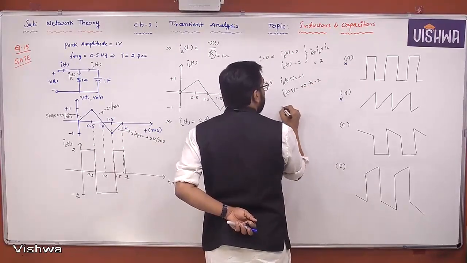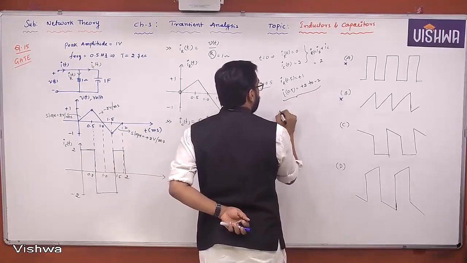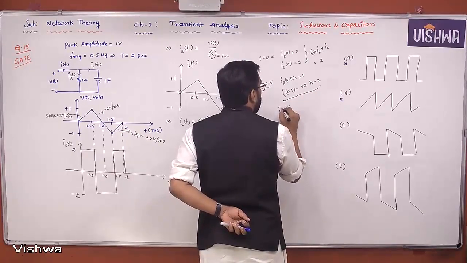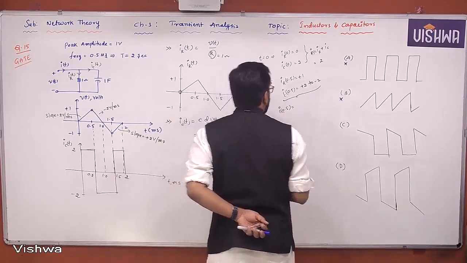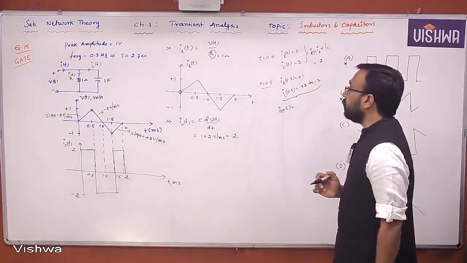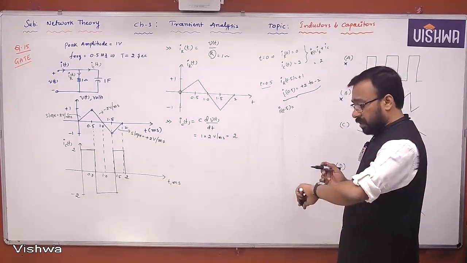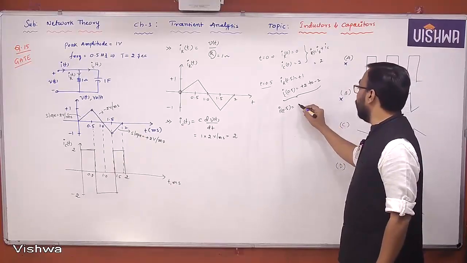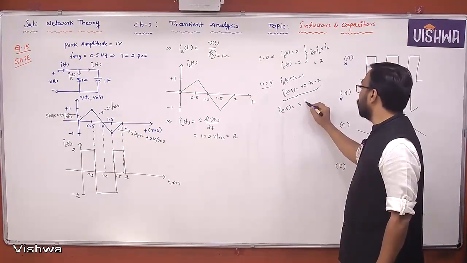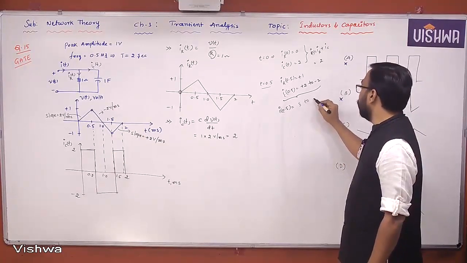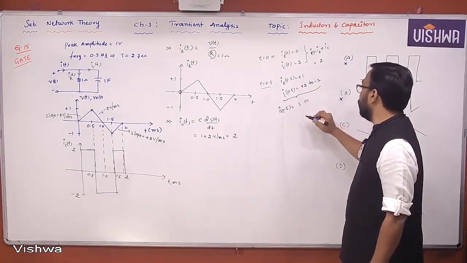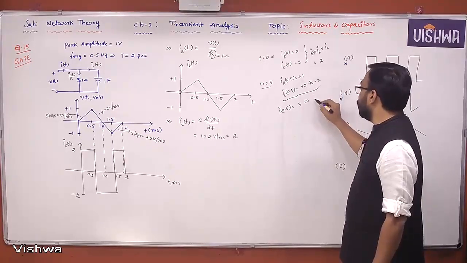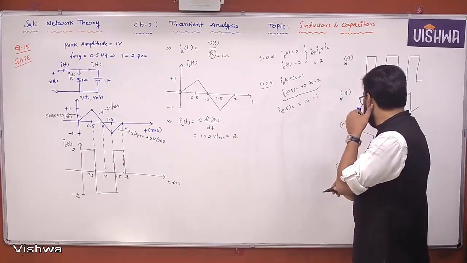Then what will happen to I of 0.5 here? Yes or no? I think you are getting this. What do you get? -2 plus 1. How much is it? It is -1. Okay, negative.